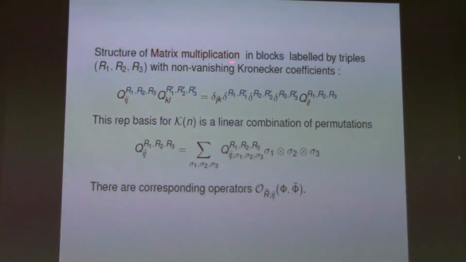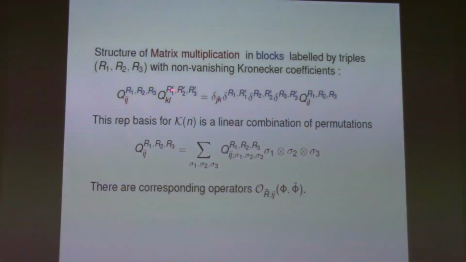And so there's a matrix type multiplication in blocks. This IJKL has delta JK, Q IL, that's the matrix structure. Blocks means that there's one block each time you have a triple with non-vanishing Kronecker coefficient. If you have another triple with non-vanishing Kronecker coefficient, the product is 0 unless these two triples are the same.